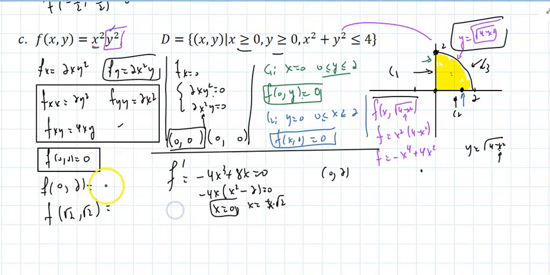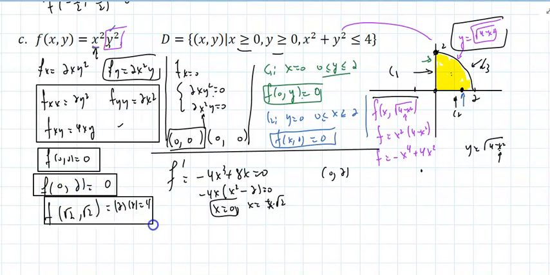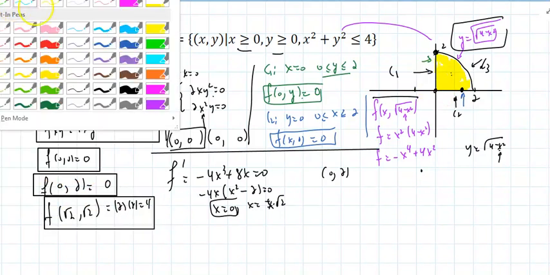What is f of 0, 2? That's 0 squared, that's also 0. And what's f of radical 2, radical 2? That is radical 2 squared times radical 2 squared, which is a 4. So I have these three values to worry about. One of them is right there at the origin.